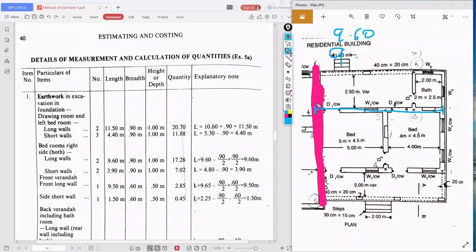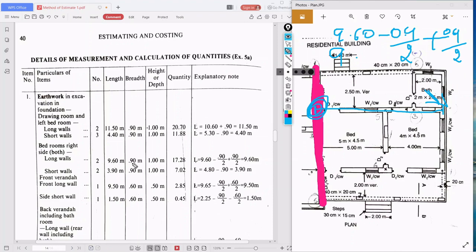9.60. This side is already excavated, so I am subtracting that, 0.9 by 2, but this side we need to add 0.9 by 2. So 9.60 minus 0.9 by 2 plus 0.9 by 2, what is the answer? 9.60. So what is the width of the section?